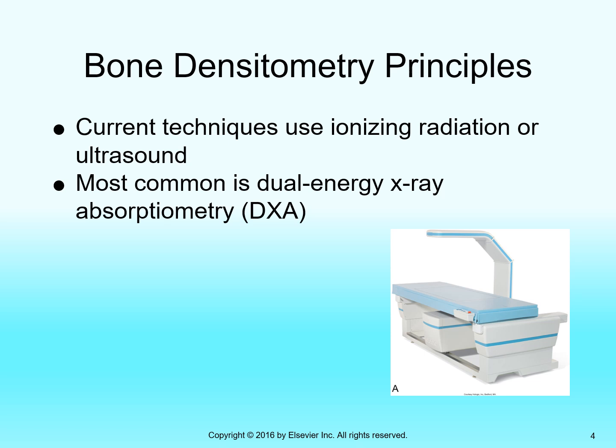Bone densitometry uses ionizing radiation or ultrasound, but most commonly uses dual energy absorptiometry, which means we're comparing the absorption rate, or the attenuation rate if you like, of a low energy beam to a high energy beam with a single detector, and merging the data sets, the image data, by subtracting one from the other.